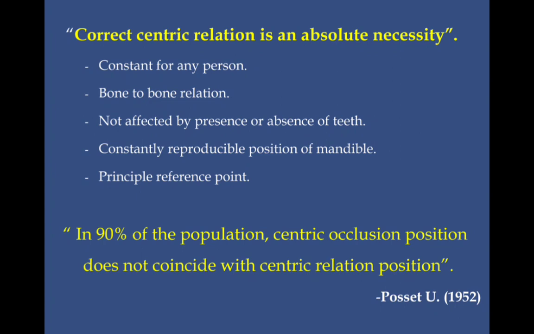Because centric relation is a bone to bone relation, it is constant, and it doesn't depend on the presence or absence of teeth or on many other factors, and it is reproducible, repeatable and reliable. So we have to consider centric relation, and it is a must that a dentist should be able to record it and refer to it time and again in every step of making a complete denture. This is the basic thing which is necessary for making your dentures successful.